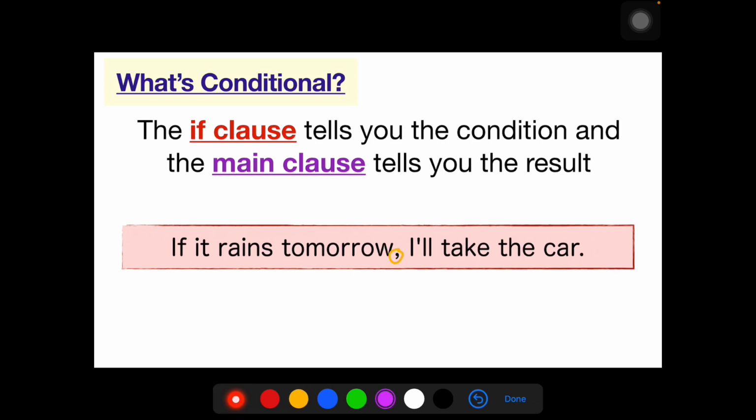This part is the clause with if, and this part is the main clause, which means if you take it out, this side can still be a full sentence because it's the main clause.